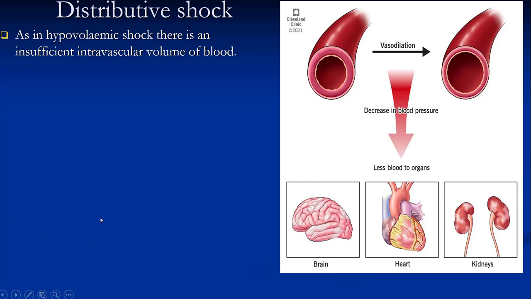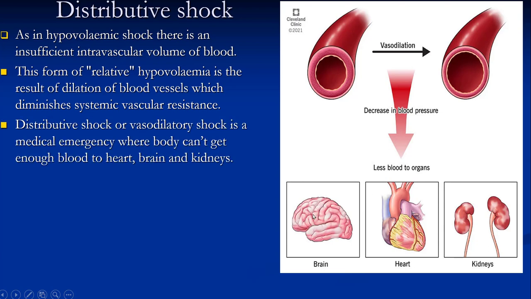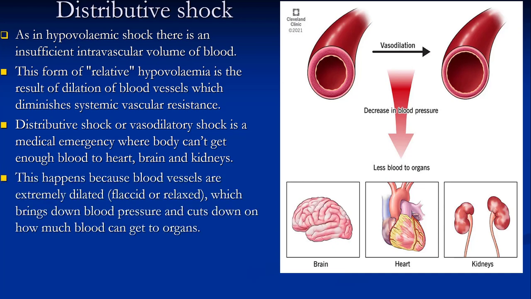As in hypovolemic shock, there is an insufficient intravascular volume of blood. This form of relative hypovolemia is the result of dilation of blood vessels, which diminishes systemic vascular resistance. Distributive shock, or vasodilatory shock, is a medical emergency where the body cannot get enough blood to the heart, brain and kidney.